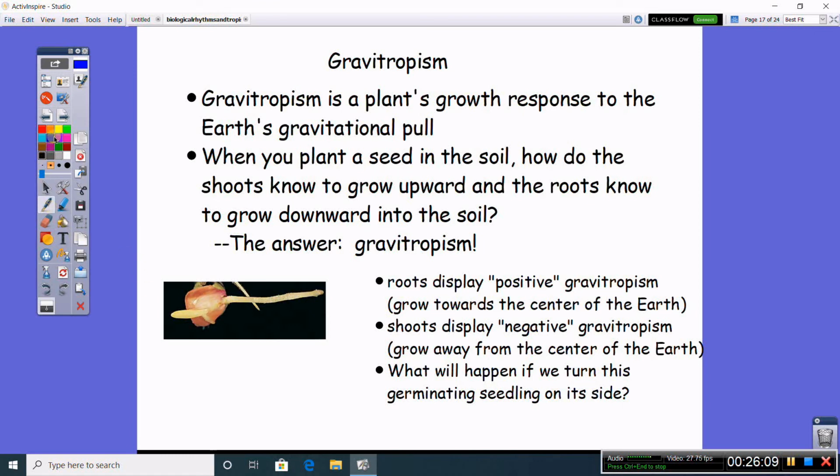Well, what we see happen because of gravitropism is we see the shoots start to grow upward and the roots start to grow downward. So we can't get rid of this part that's straight here. That's not going to go away. It's just any new growth that they have will be oriented downward, and any new growth that the shoot has will be oriented upward.